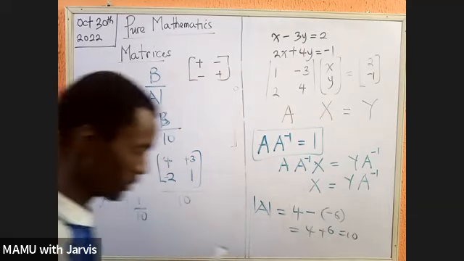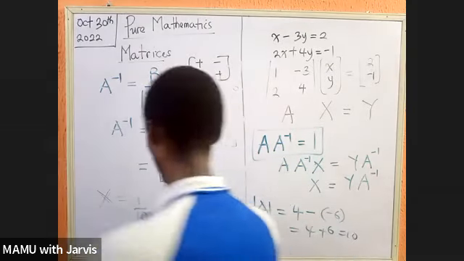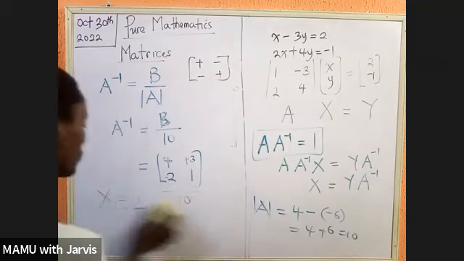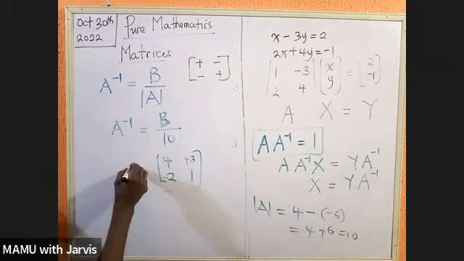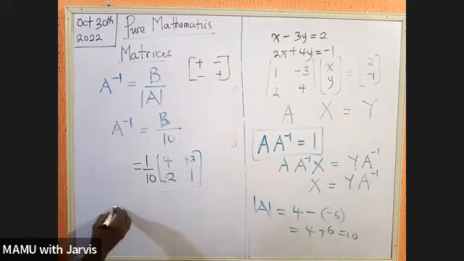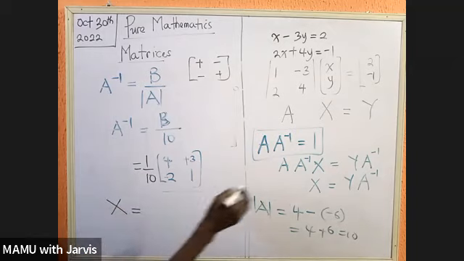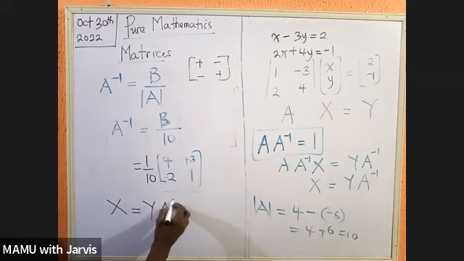Maybe I should clean this so that we'll have more space to write here. This will actually be equal to 1 over 10 of this. And so X will now be equal to whatever Y is times this value of A inverse.